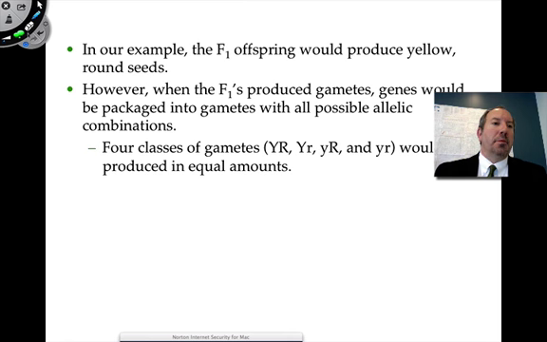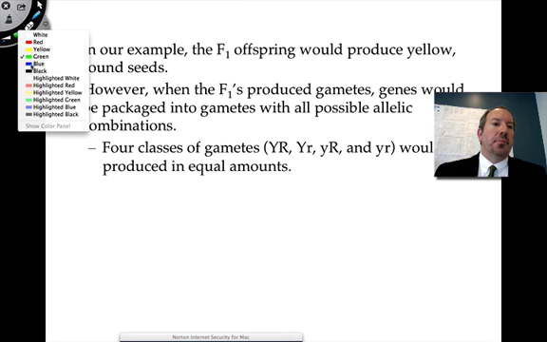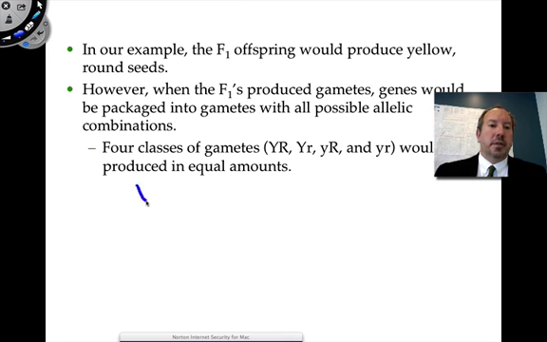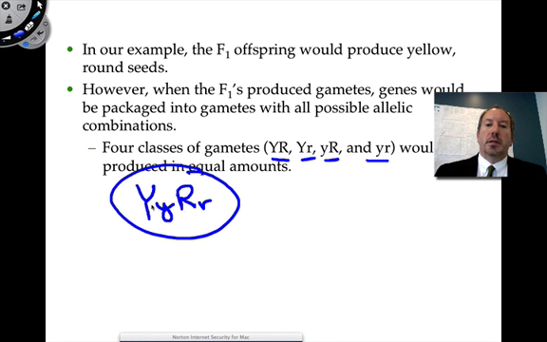Because that yellow round plant, and I'll just work it out for you, produces 4 different kinds of pollen. I hope you're following this. I'm not drawing out the chromosomes, but this is a diploid right here because there are homologous pairs. They're heterozygous for 2 traits.